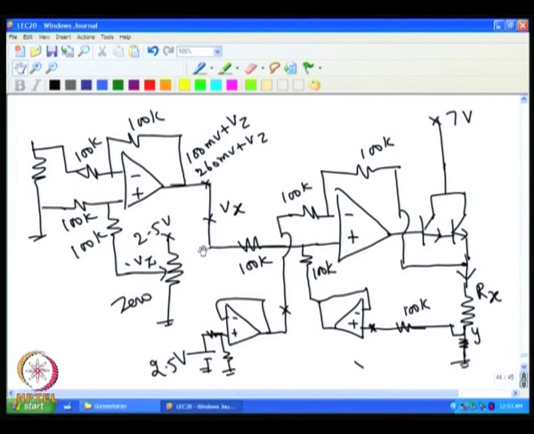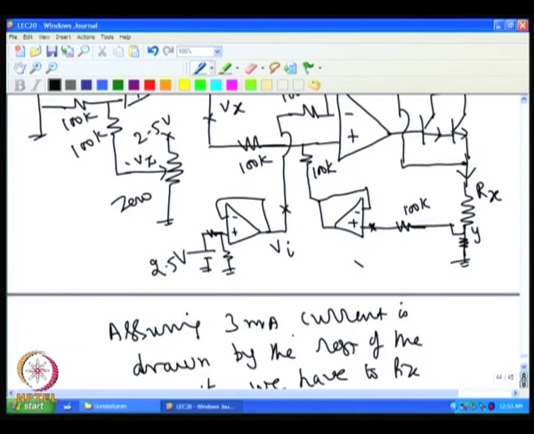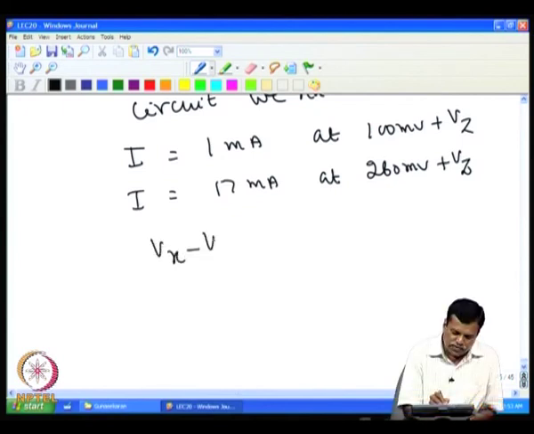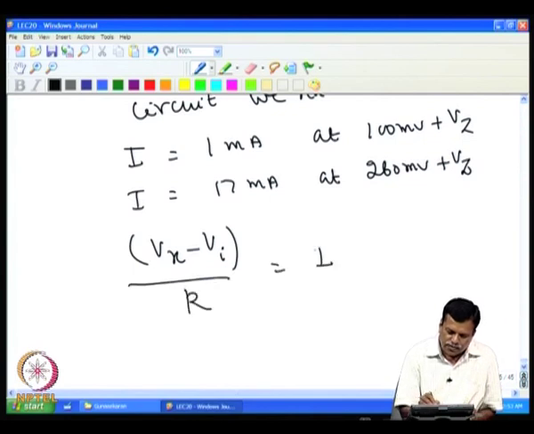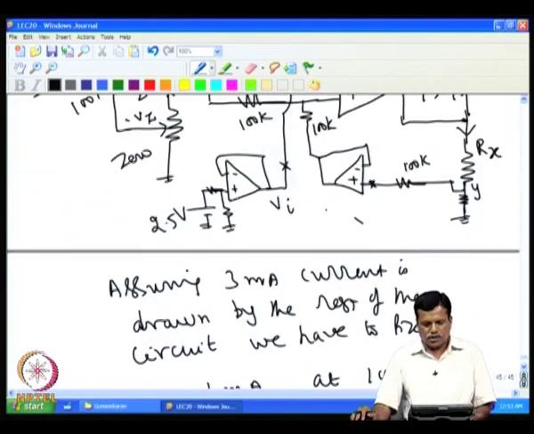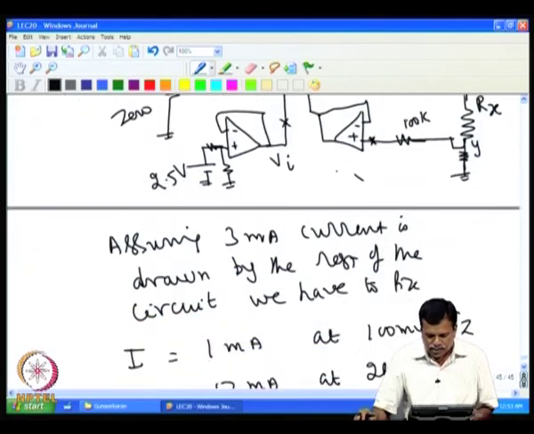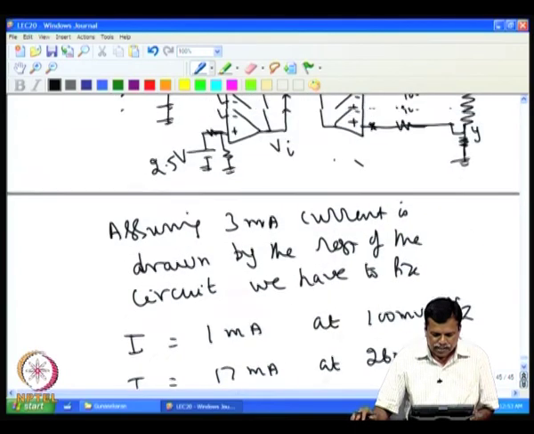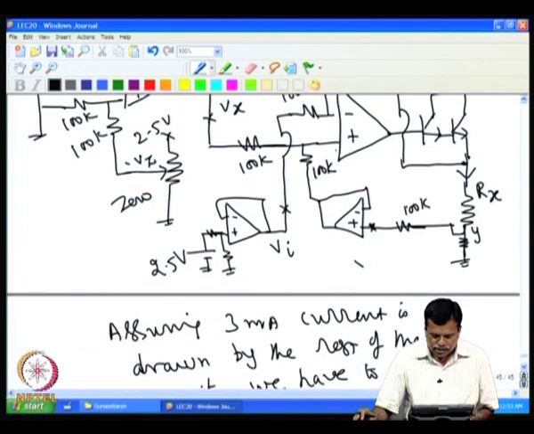The only thing is we have to adjust this voltage Vi to be correctly calculated, such that you get the required current. Now, the current is given by Vx minus Vi divided by R, which is the current I. So, one can select Vi such that we get the required quantity, because Vx varies from 100 to 260 millivolts.